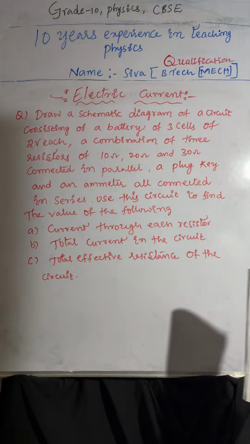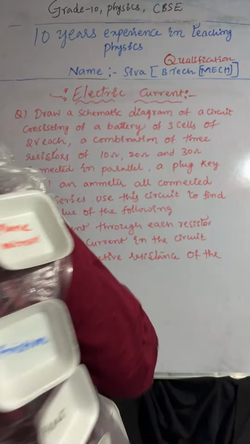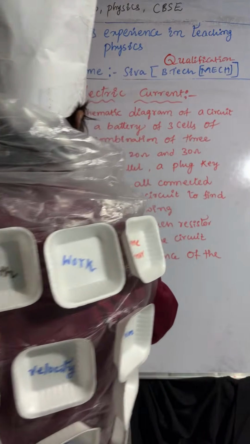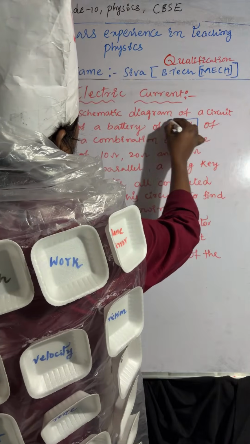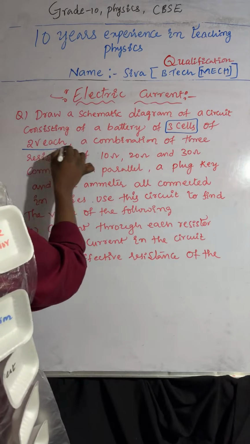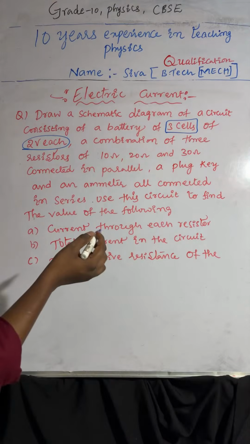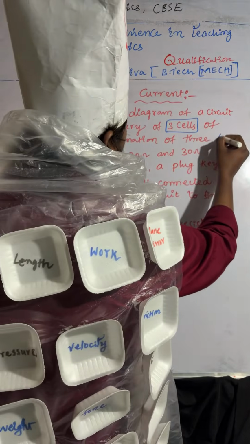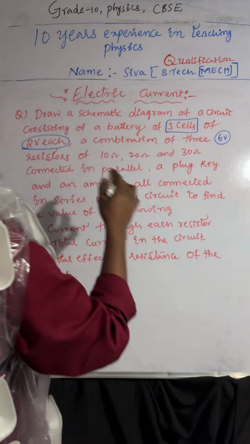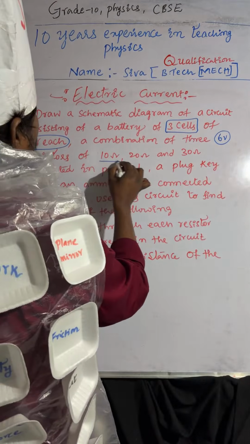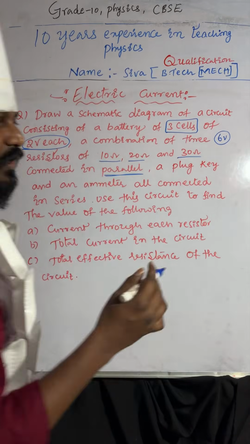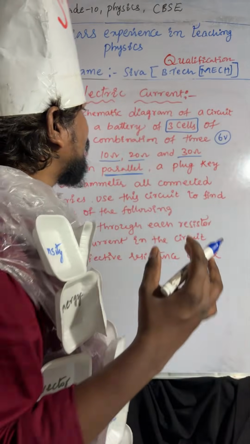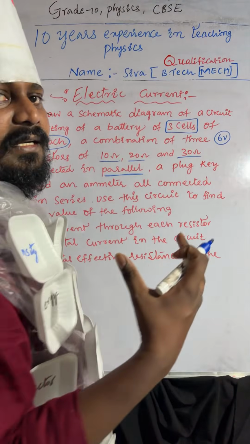So here you can see, first you have to identify what things they have given in the question. A battery of 3 cells, 2 volts each, means the total potential difference is 6 volts. And a combination of 3 resistors, 10 ohm, 20 ohm, 30 ohm, connected in parallel.